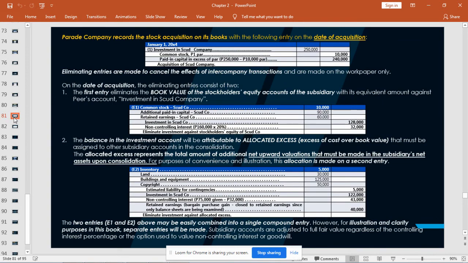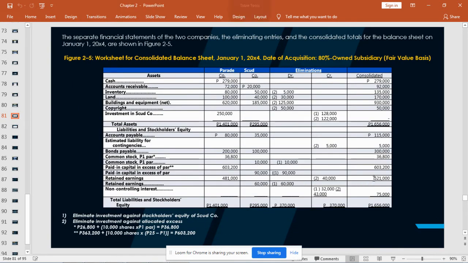Ayan. But for this one, we will have 521,000. Okay? Gets?